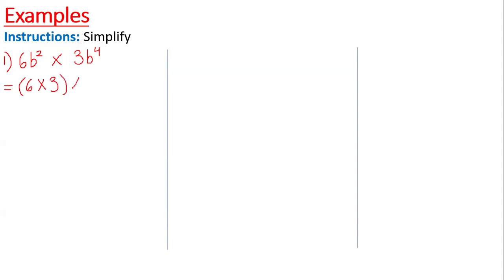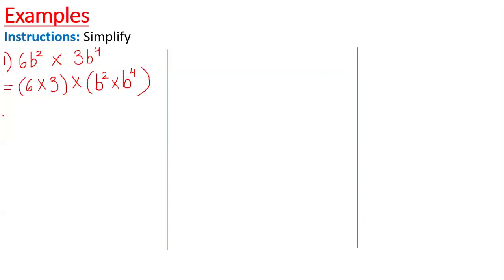Then we multiply by b to the 2nd power, and then b to the 4th power. So we have 6 times 3, and we have b squared, and then we have b to the 4th.